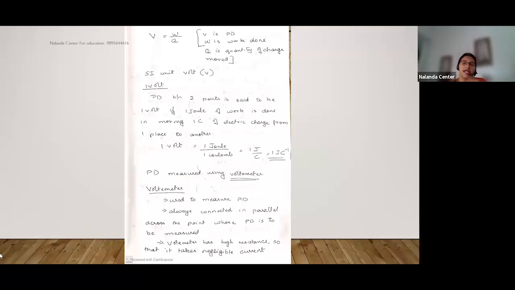Now coming to the SI unit. What is the SI unit of potential difference? The SI unit of potential difference is volt. Now we are going to define 1 volt based on this. What is 1 volt? Volt is work by charge. The potential difference between 2 points is said to be 1 volt when 1 joule of work is done to move 1 coulomb of charge between them.